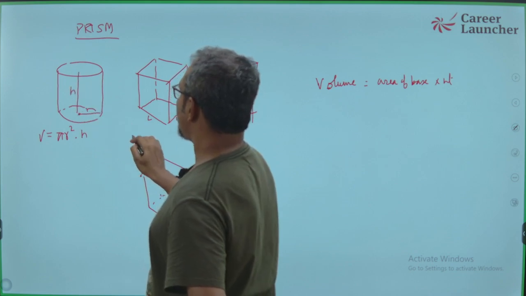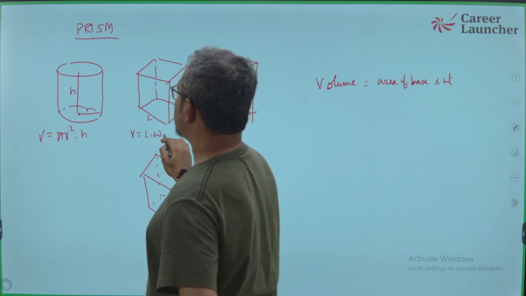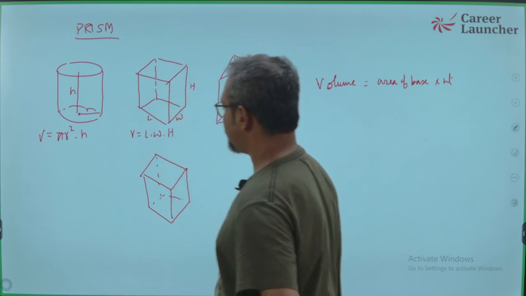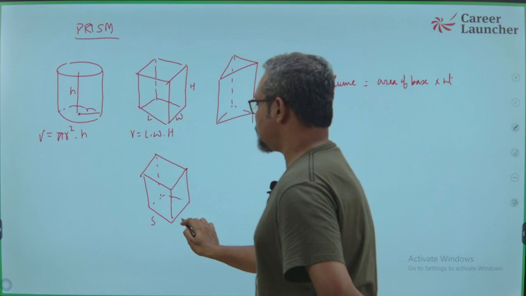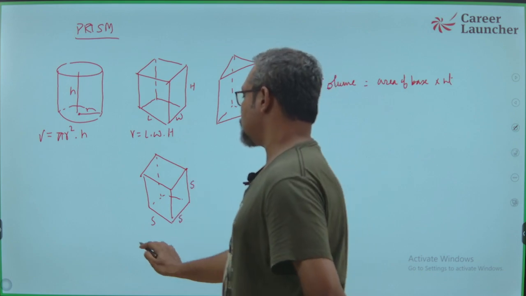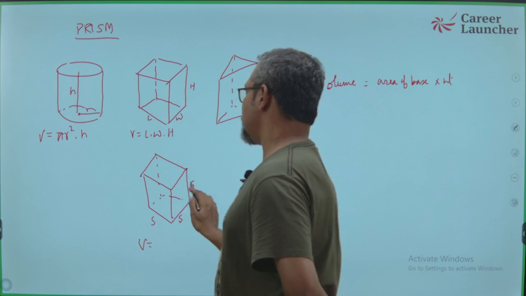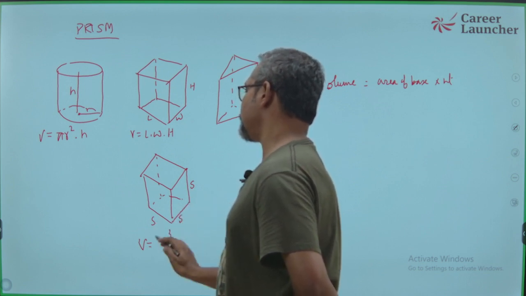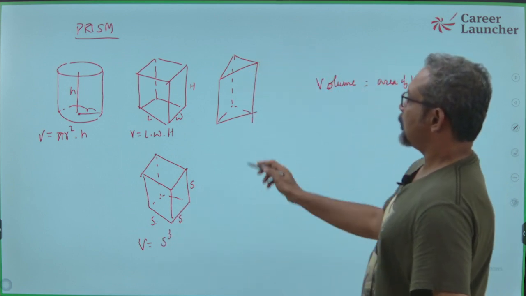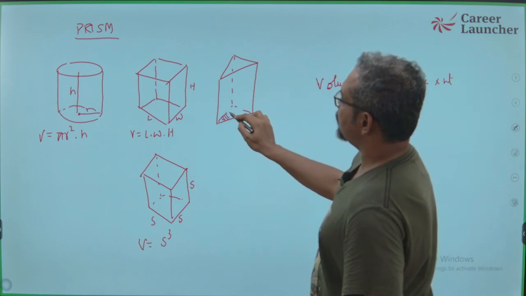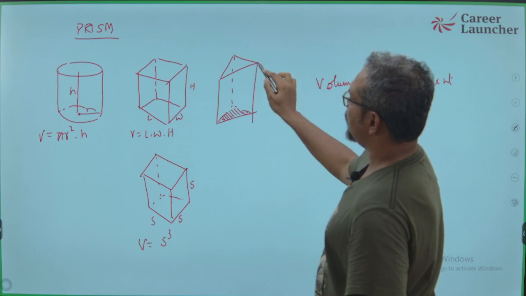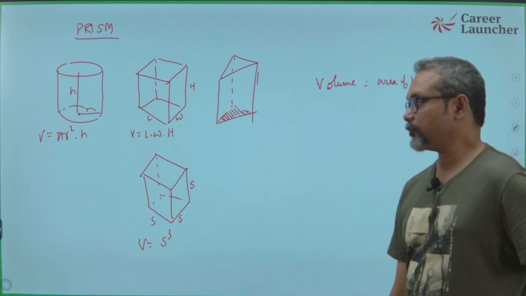So, here the volume would be area of the base length times width times the height. Here all the sides are the same, side, side, side, so that is a cube. So, volume is side times the side, so side cube. Here depends on what triangle you have, we will have to figure out area of this triangle multiply with the height, that will be the volume.